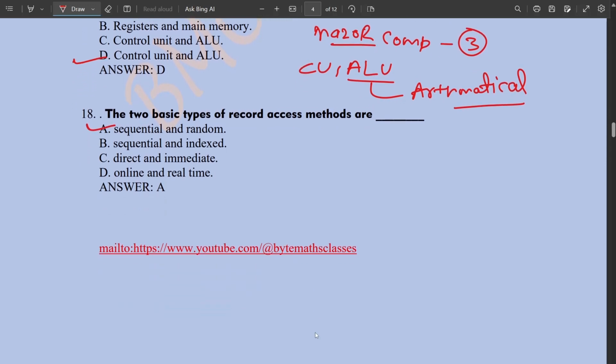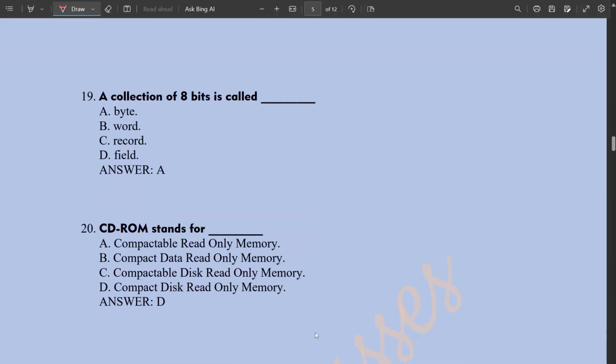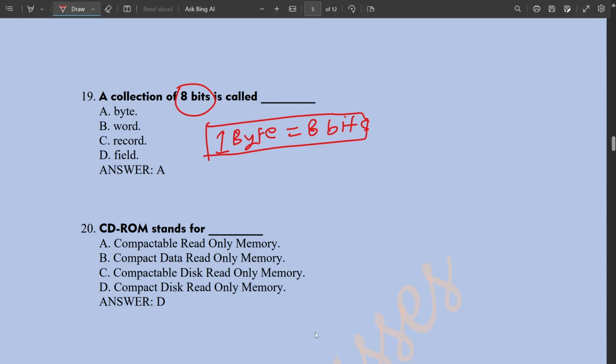Next, a collection of 8 bits is called what? We all know that 1 byte is equal to 8 bits. So here it is saying that 8 bits is called a byte. Option A is correct.